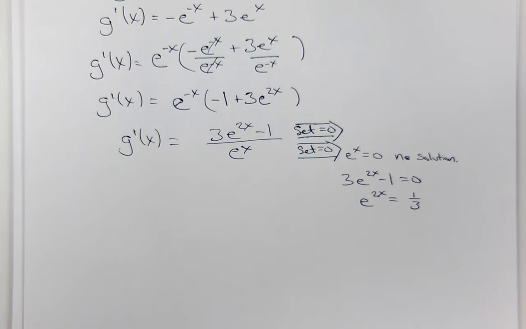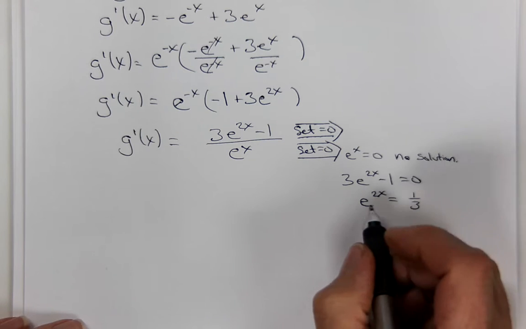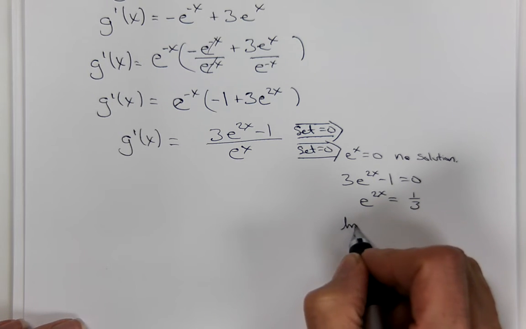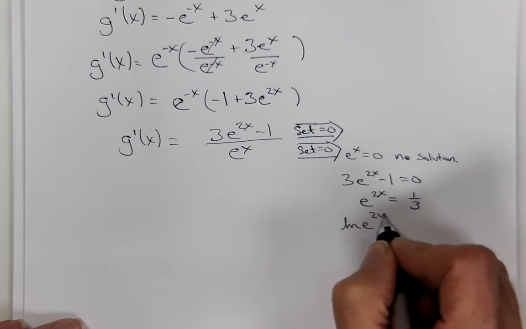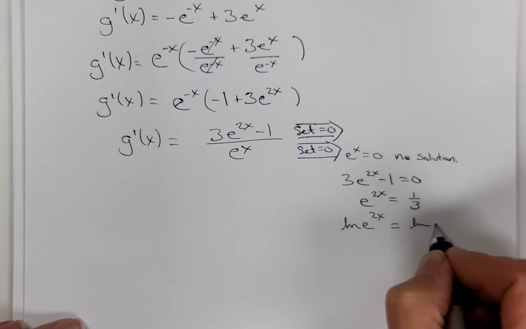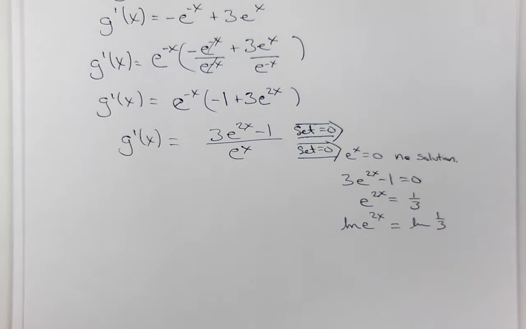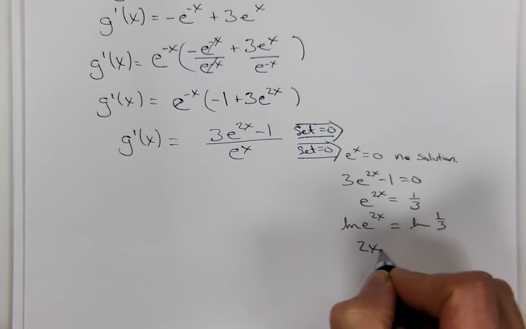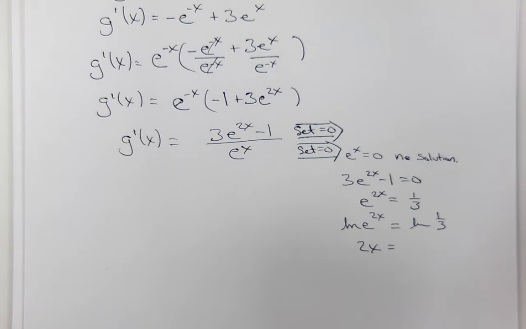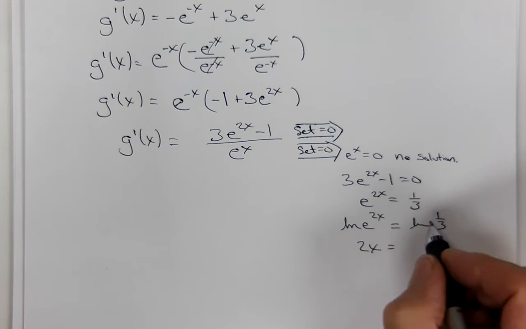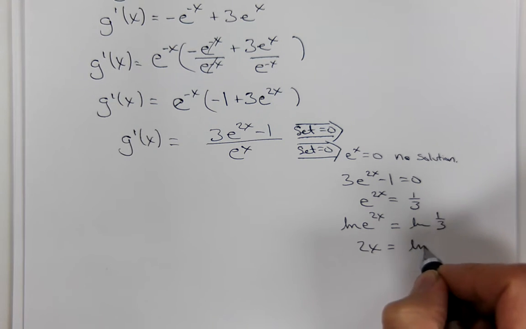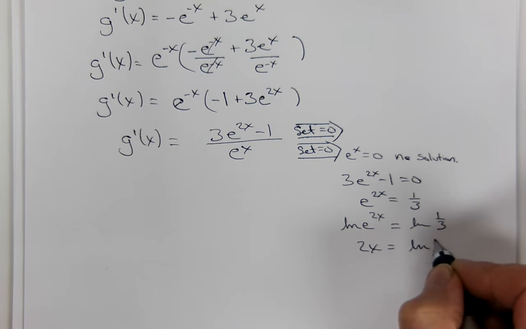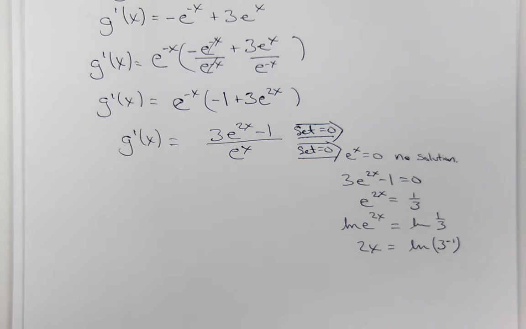And now I need to apply the natural log to both sides to free my x. Natural log of e to the 2x equals natural log of 1/3. That'll give me 2x equals natural log of 1/3. If you happen to look at Calc Chat, they're getting a little tricky here, so we'll do what they did so you understand. This can be written as 3 to the negative 1 instead of 1/3.